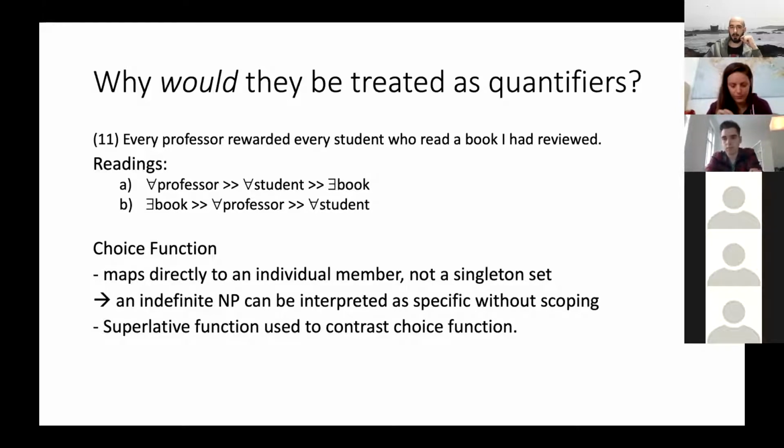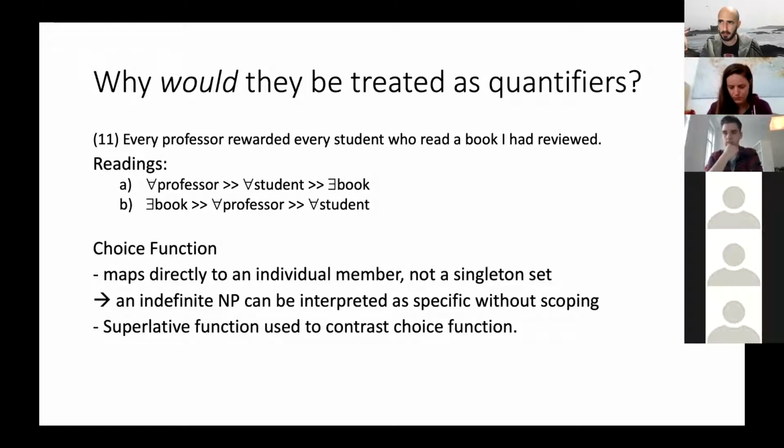So in the case of a choice function, the quantificational domain would be provided by the discourse, or by the shared knowledge between the speakers. So it's something that is presupposed or automatically provided.